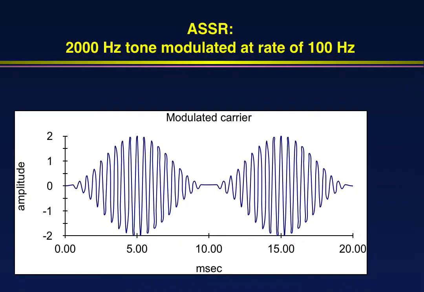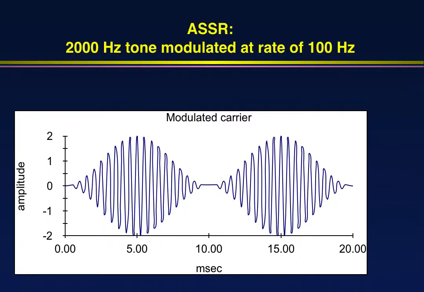And remember, the duration's only about 4 to 5 milliseconds. But if we could use a pure tone stimulus, we could then have more energy in our stimulus, and we could reach intensity levels of 120 or 130 dB if necessary. And that is the stimulus that is used for ASSR.